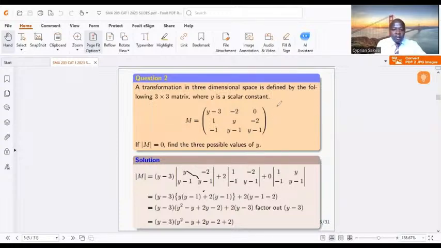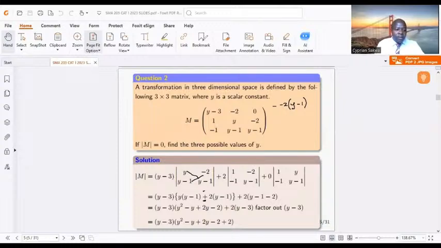Supposed to be minus 2 multiplied by this element, which is y minus 1. So this minus and this minus is what gives me this positive. So it's positive 2 into y minus 1.